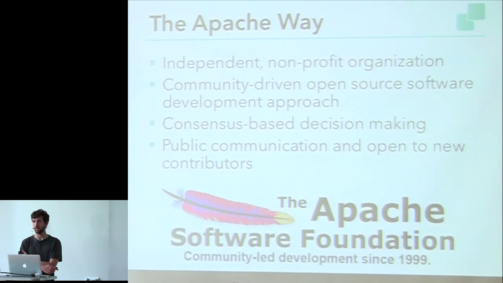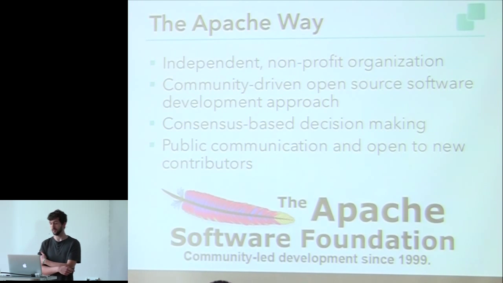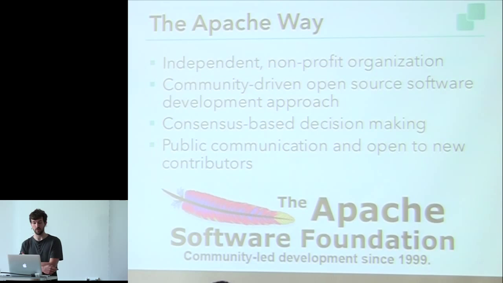Some of you might not really know what Apache is, or probably heard it before, but it's really a kind of philosophy, a kind of way of developing software in an open way. And some people like to call it the Apache way. The Apache Software Foundation is an independent non-profit organization based in the US.